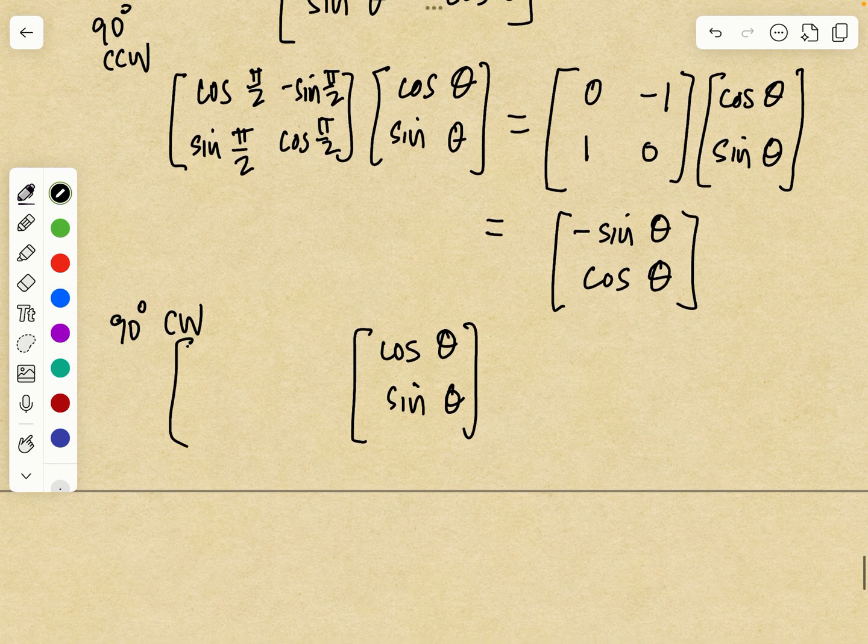When I rotate by 90 degrees clockwise, I make my angle negative because I'm subtracting 90 degrees. So I need cosine of negative pi over 2, sine of negative pi over 2, negative sine of negative pi over 2, and cosine of pi over 2.